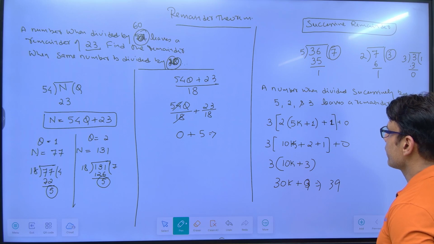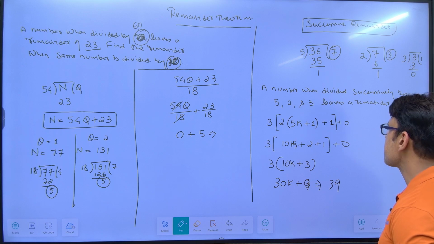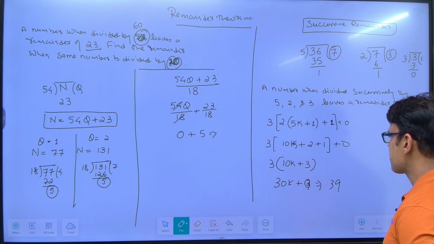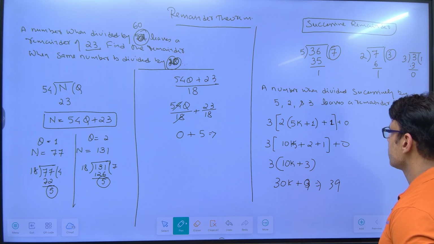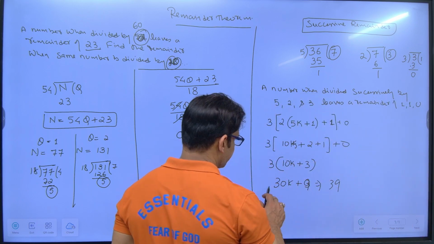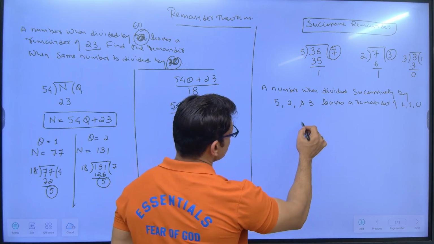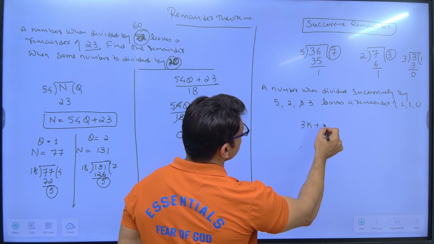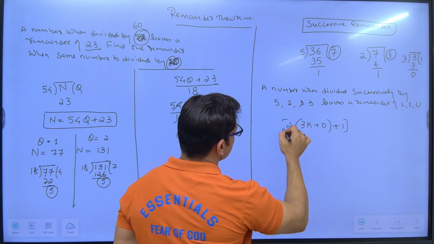Divide 39 with 5. Wait, do it ulta. 3k plus 0, 2 plus 1, 5.